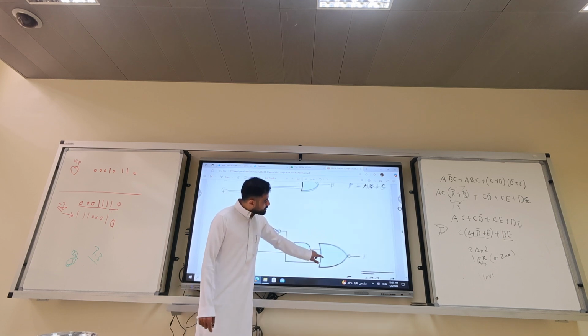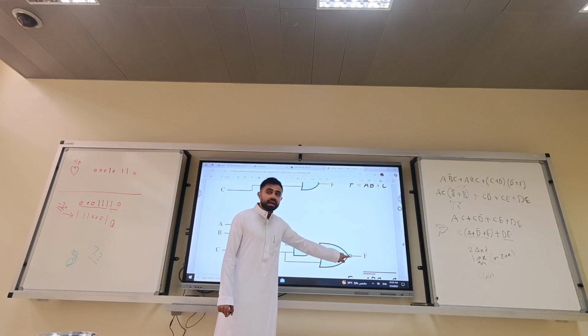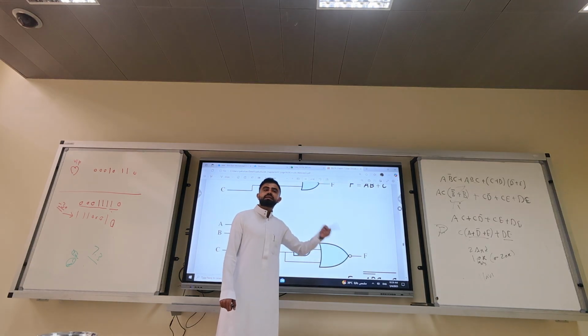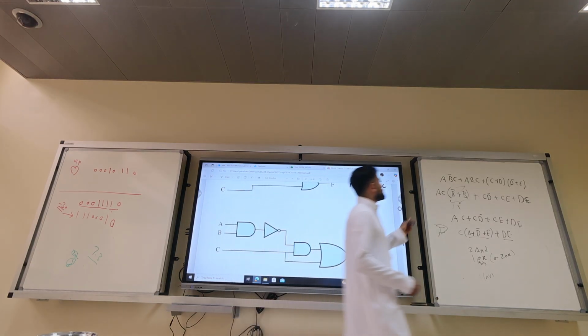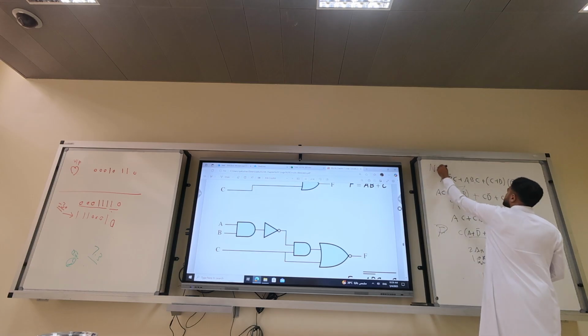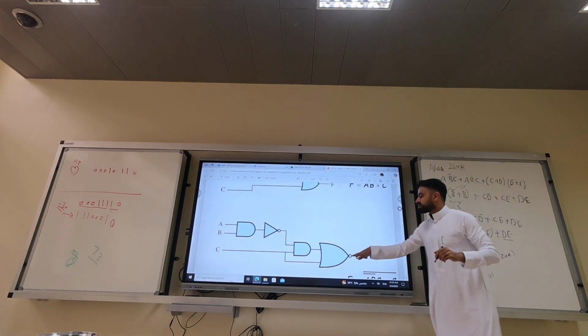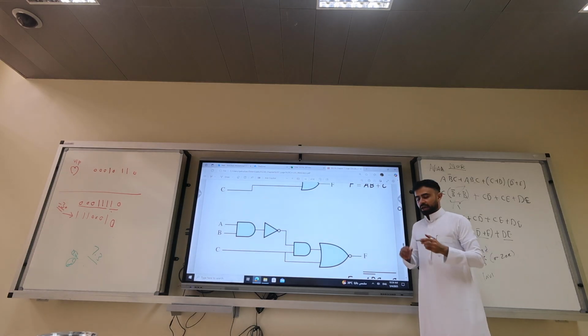If there is a circle after the AND gate, it becomes NOT AND, and we call it NAND. This is OR, this is NOR. This is OR with a NOT. Okay?